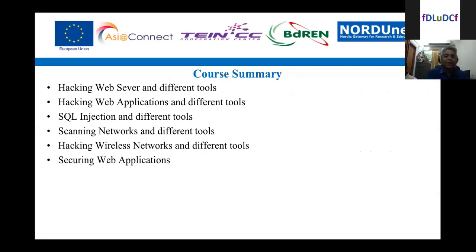Then we learned about hacking web servers and its different tools, then hacking web applications and its different tools, and then a lot about SQL injection and injection tools. After that, we learned scanning networks and different tools, and then hacking wireless networks and different tools. And today we learned about securing web applications.